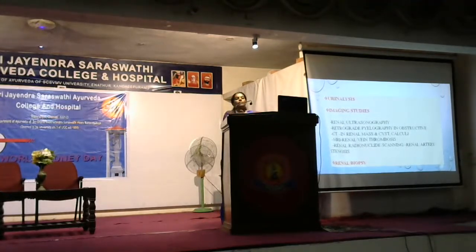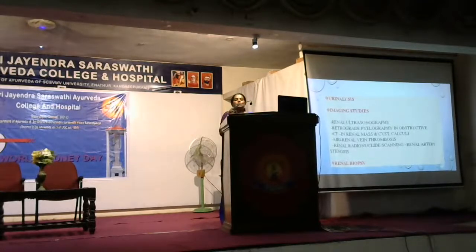And in which condition, which imaging study we have to select, we should be thorough. If we are suspecting any renal atrophy or minor renal changes, we have to go with the ultrasonogram or USG abdomen, specifically KUB, kidney, ureter, and bladder. And if we are suspecting any of the obstructive pathologies leading to chronic kidney disease, at that time we have to go with retrograde pyelography.